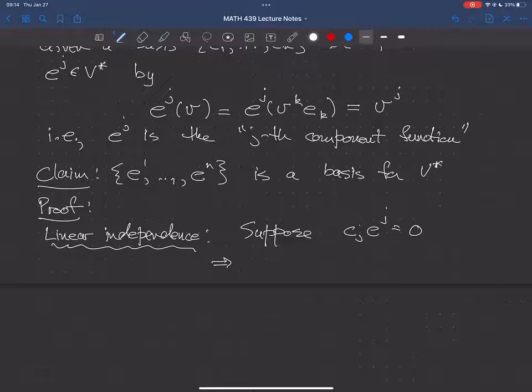Okay, and so this implies that Cj Ej, and now I need to put an argument in here, and the argument I'm going to put in is one of the basis vectors. It can be any one except Ej, because if I put in Ej, then I violate the summation convention. So it's going to be Ek.